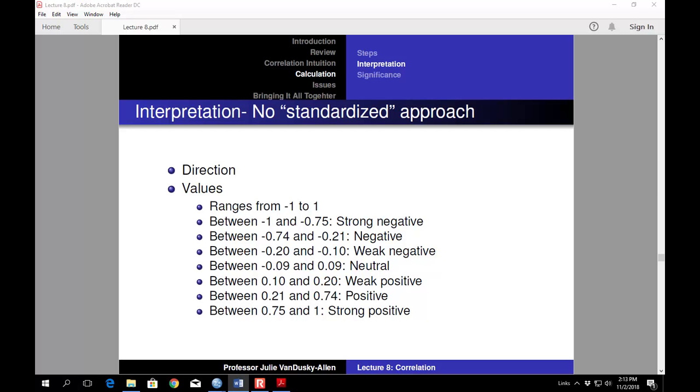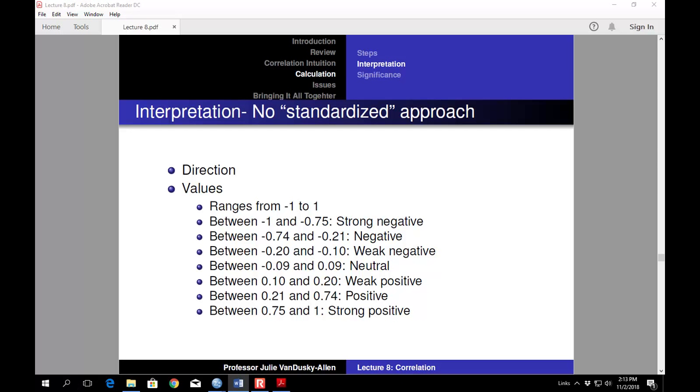This means that as one variable increases, the other variable sometimes decreases. If the correlation coefficient is between -0.09 and +0.09, then you should say there's a neutral relationship between the two variables. This means as one variable increases, the other variable sometimes increases and sometimes decreases with no recognizable pattern.